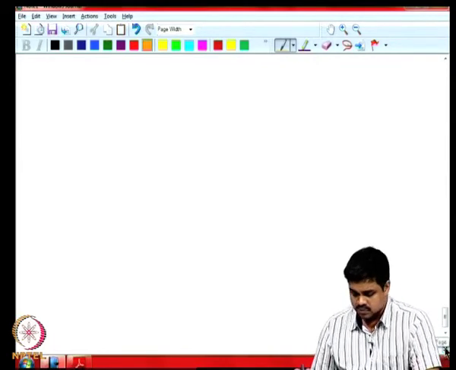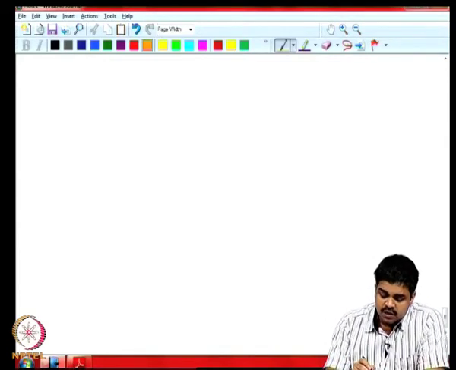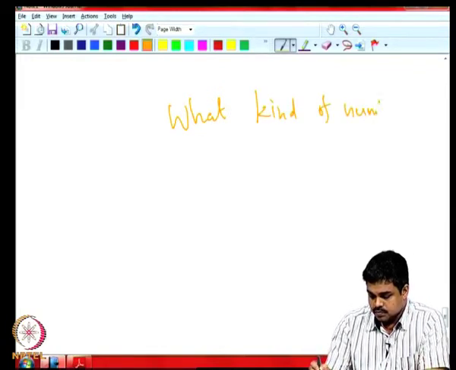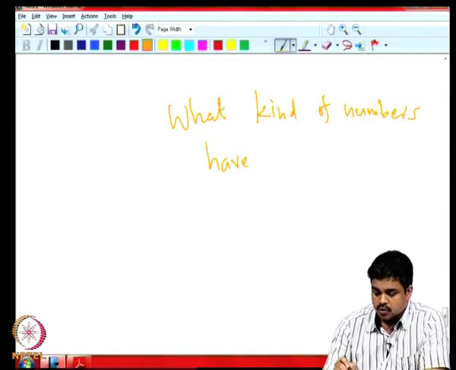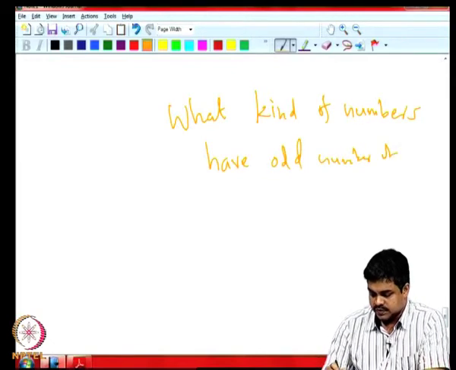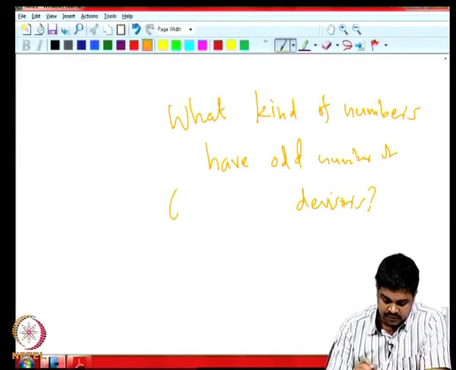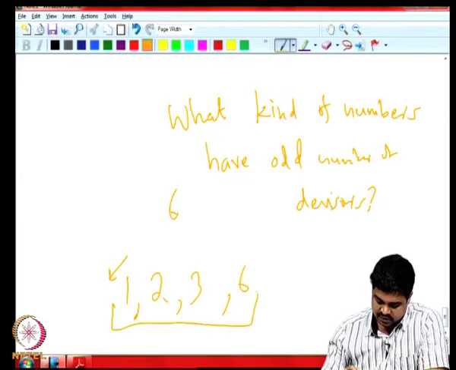So, that also indicates a very interesting thing. What kind of numbers have an odd number of divisors? For instance, if you consider 6, its divisors are 1, 6, 2, 3, so it has an even number of divisors, 4 divisors.